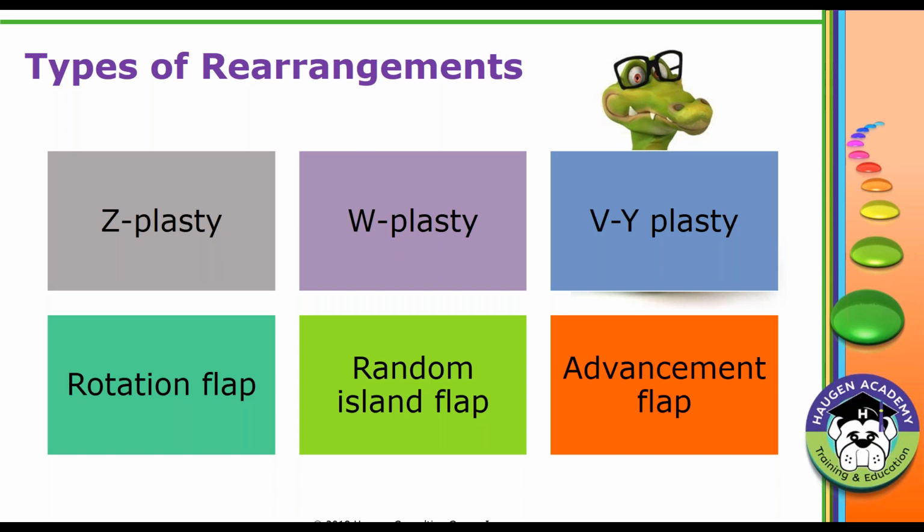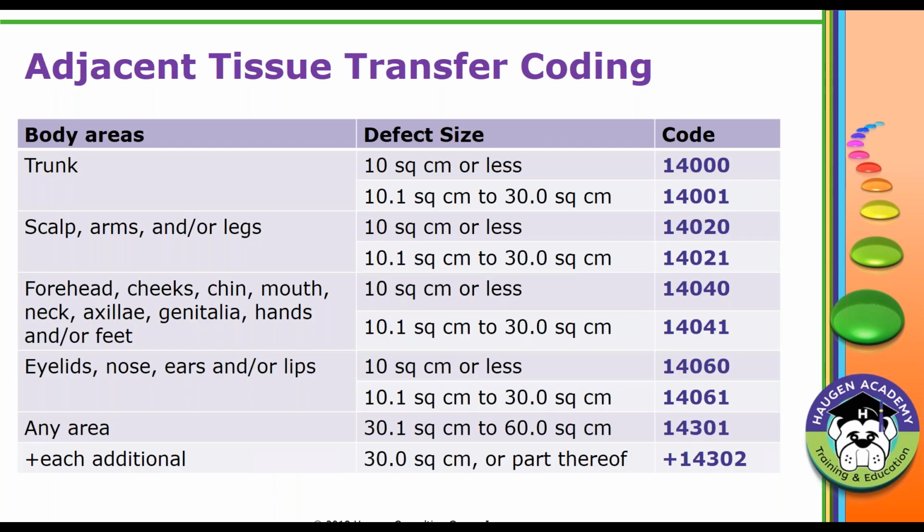The names of the rearrangement, like Z-plasty, W-plasty, VY-plasty, they all reference the shape of the incision. And this is also the case with rotational flaps, semicircular flaps. It's all referencing the shape of the incision, so that's what they're named for. The codes start at 14000 and then go through 14302.